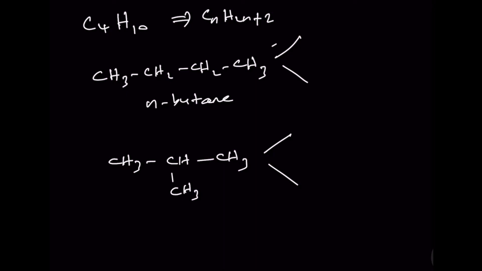So, if you remove the hydrogen atom from the terminal position, you get the butyl chain. I am just writing it in bond line notation. On the contrary, if you remove the hydrogen atom from the CH2 group, then you get the secondary butyl group.